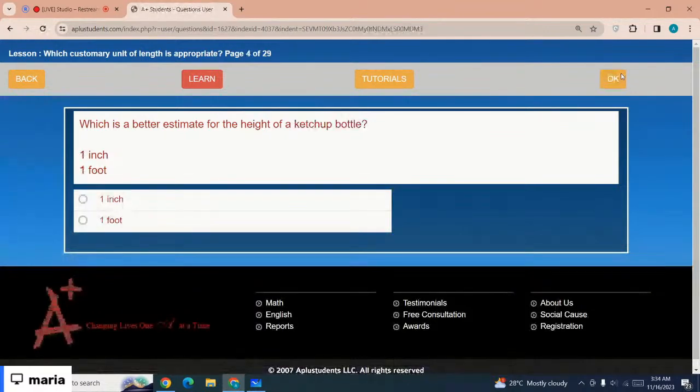Which is the correct option? Yes, that is 4 inches, too small for a ketchup bottle.